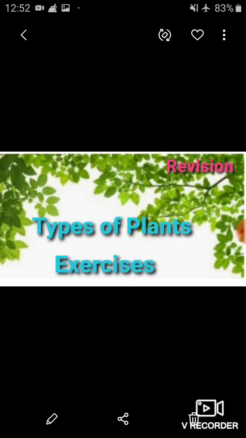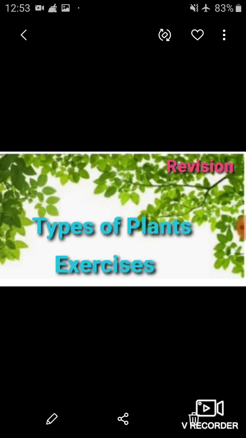There are many parts of a plant, like flower, leaf, root, stem, seed. We also learn how plants make their own food.